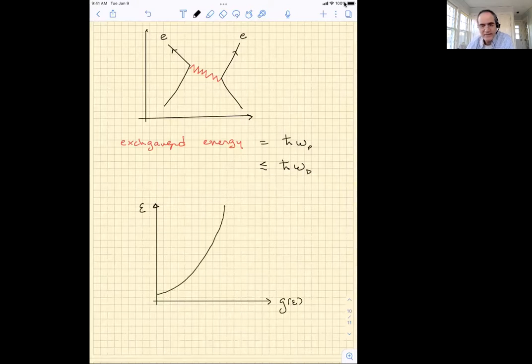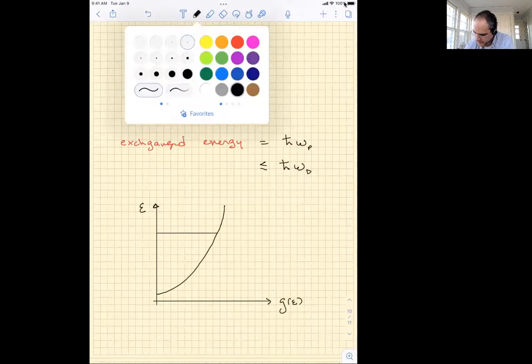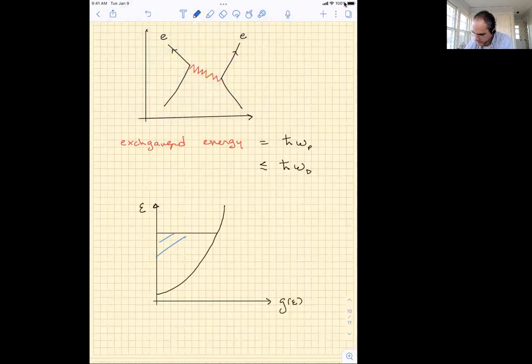And we know what the density of states looks like for a free electron gas. All the states up to the Fermi energy are full at low temperature, and the states above it are empty.